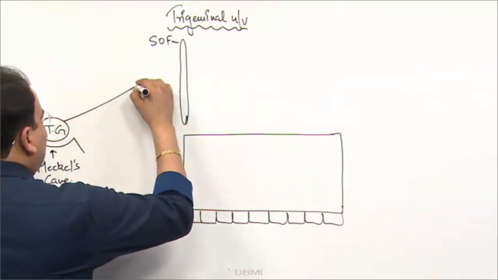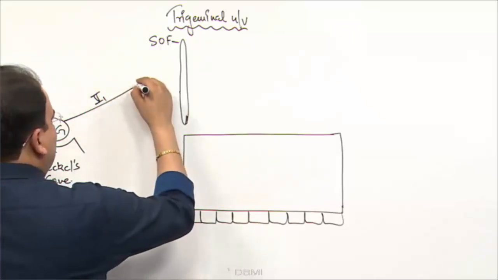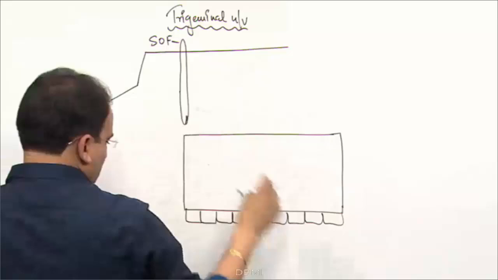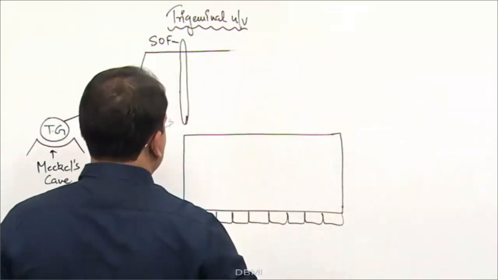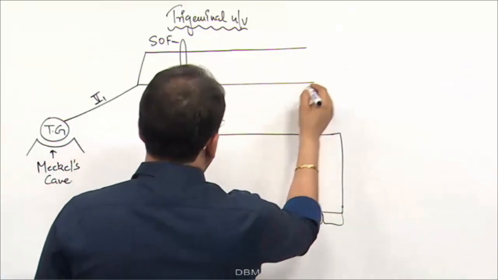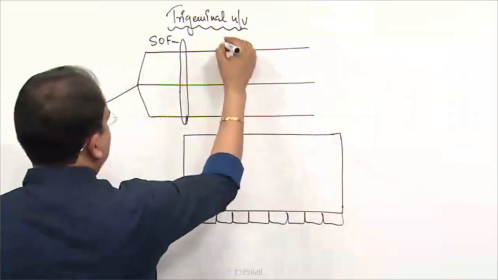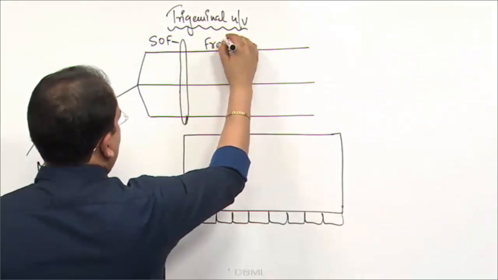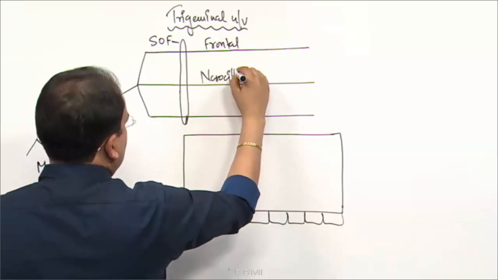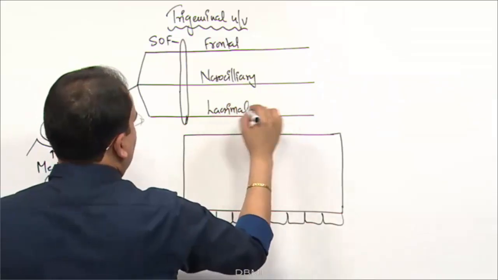Ophthalmic nerve V1, before entering into the superior orbital fissure, divides into three branches, namely frontal, nasociliary, and lacrimal.